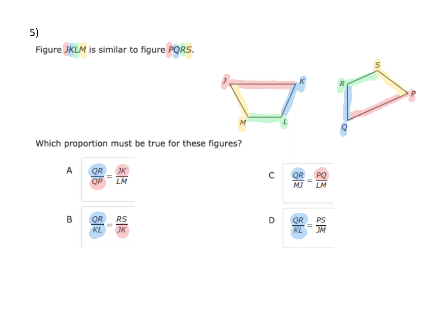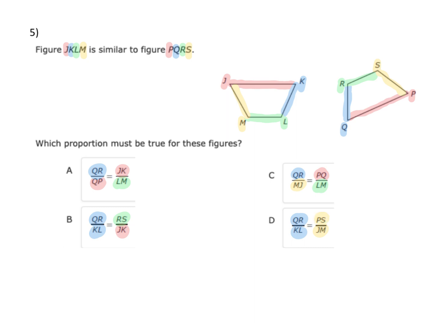Next is green, so that would be ML or LM, and RS or SR. So let's go LM, RS, and that would be it. And next, yellow, MJ or SP. MJ or JM, because that's the same two letters, and SP or PS, same two letters.